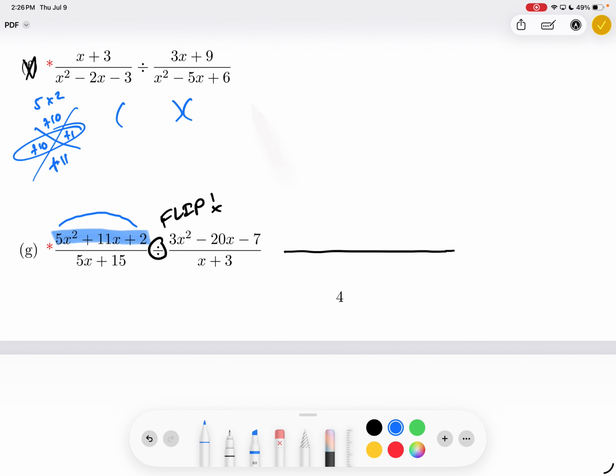So when I go over here, what do I have to write at the beginning of both of these? See how well you paid attention yesterday. I'm going to write 5x at the beginning of both of them, and then put my 10 and my 1. So now I can divide this one by 5, and I get x plus 2 and 5x plus 1.